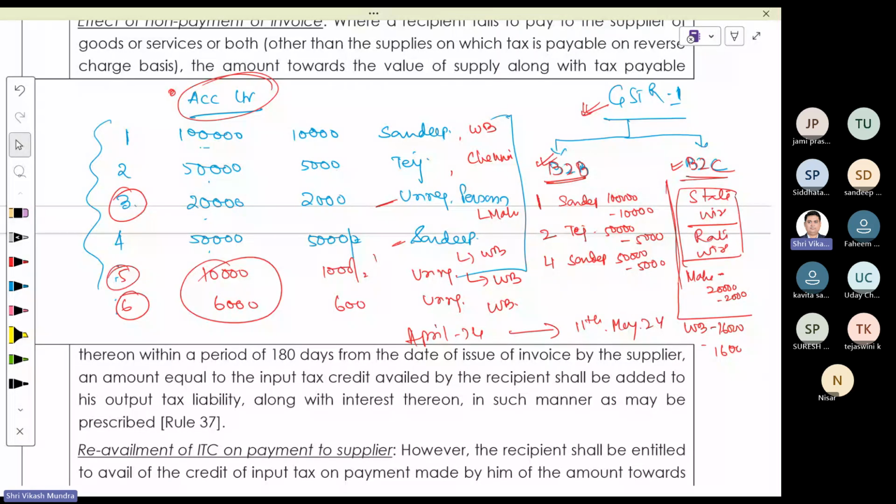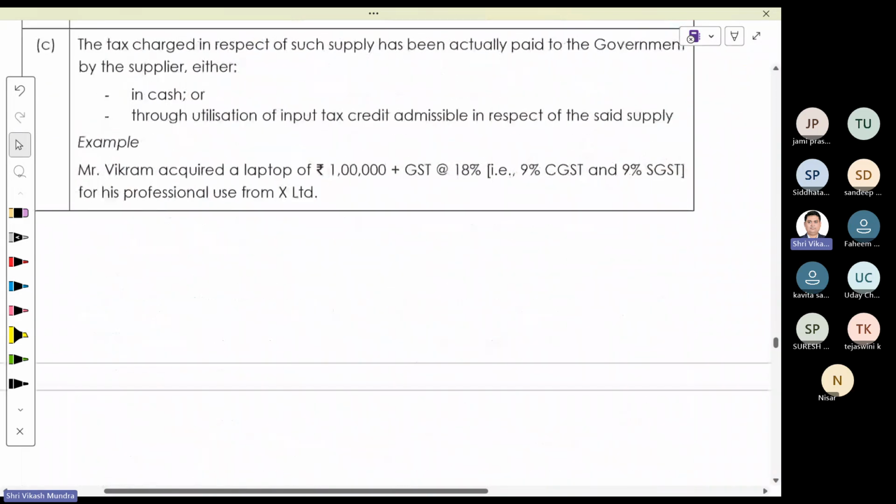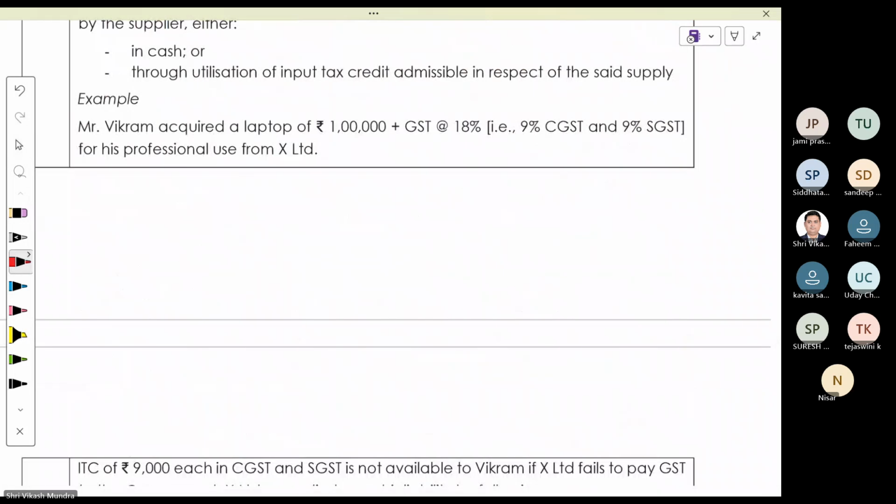After submission of GSTR1 by the supplier by the 11th of the succeeding month, by the 14th of the month, a report called GSTR2B is prepared by the system automatically.